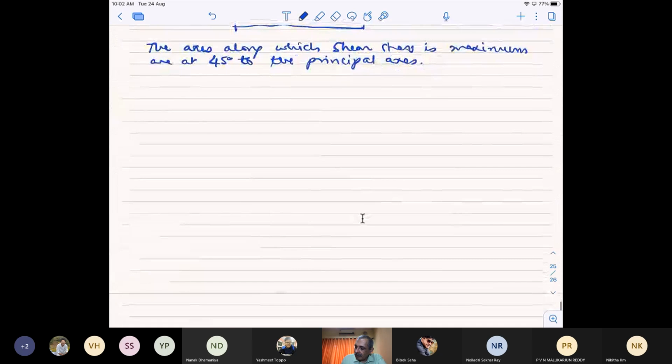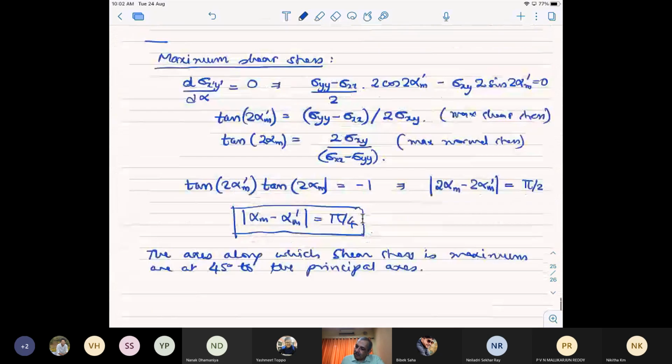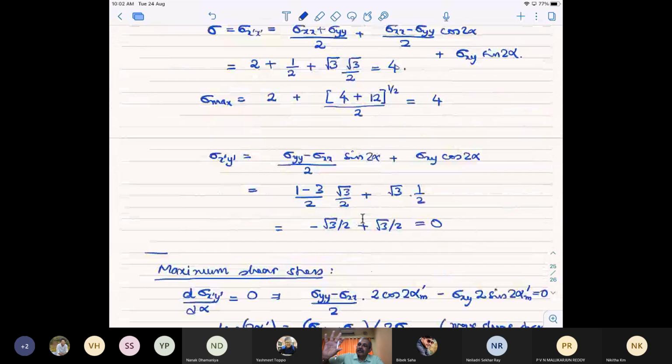normal stresses are maximum. So, you're slowly getting a picture, so that as you rotate the surface, what will happen is that you will come to a particular angle at which your normal stress will be maximum, and along that the shear stress will be 0. Then if you rotate the surface more, then of course your normal stress will decrease, and your shear stress, which is 0, will slowly increase and it will become maximum.